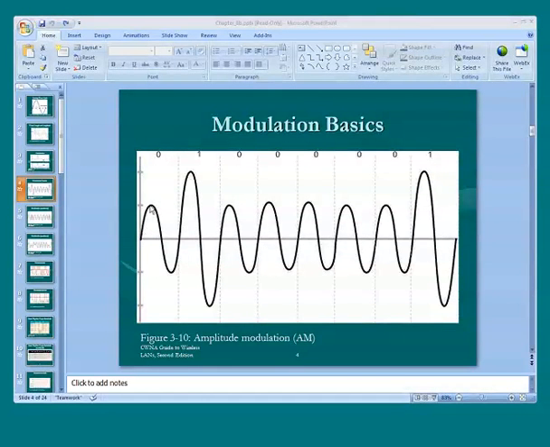So we see that a 1 volt signal will be interpreted as a 0. A 2 volt signal will be interpreted as 1. And then we go back to the 1 volt signals. We see that they are again interpreted as zeros.